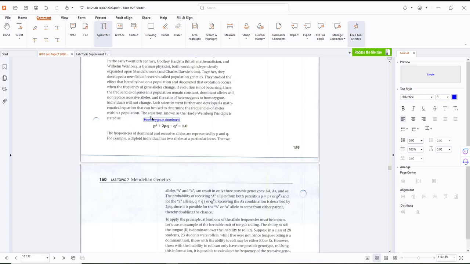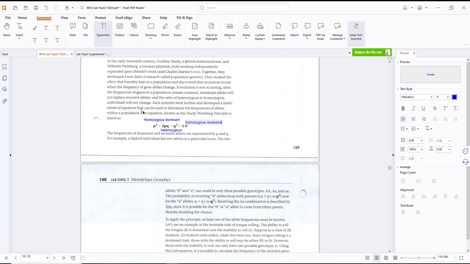So p squared are the homozygous dominants within the population. 2pq represents the heterozygotes within the population. And then the q squared represents the homozygous recessives within the population. All right.